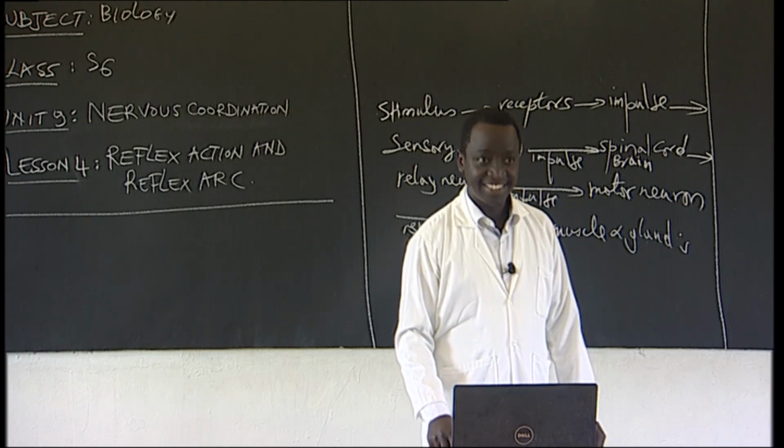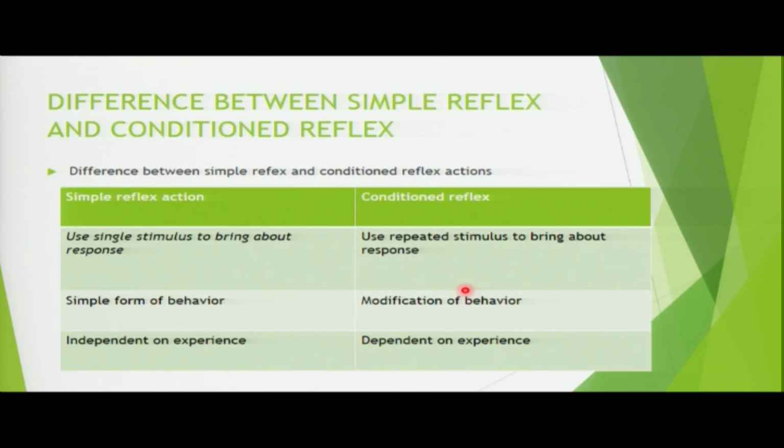Nice. So now, what's the difference between simple reflex and conditioned reflex? Simple reflex is that unconditioned reflex. Simple reflex uses a single stimulus. Single stimulus. Like when you touch a hot object.